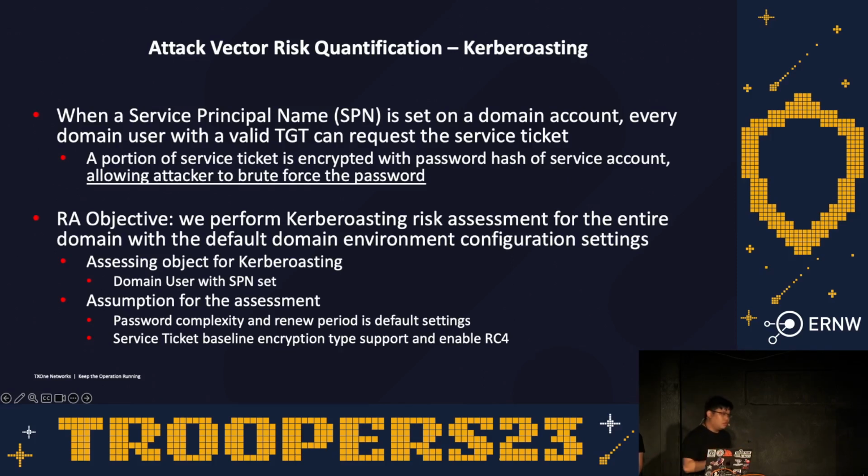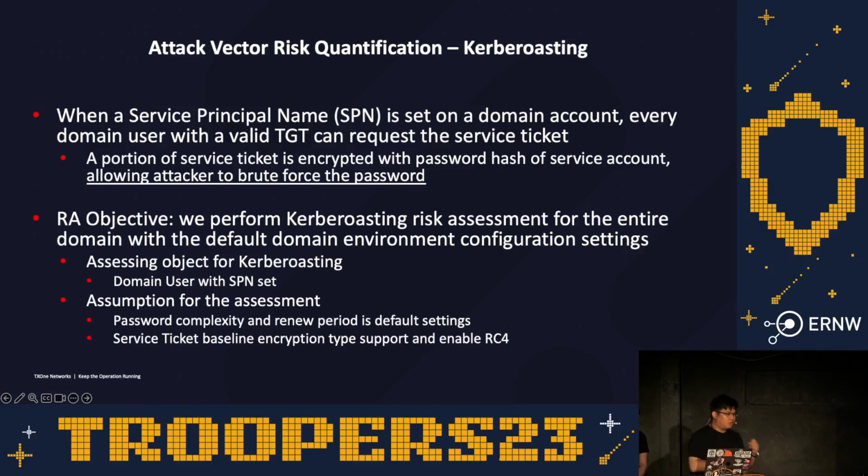When we perform the risk assessment, usually we have some scope limitation. So we use the risk assessment objective to limit it. For example, if we would like to assess the entire domain environment, we use a description like this: we perform a Kerberoasting risk assessment for the entire domain with the default domain configuration.